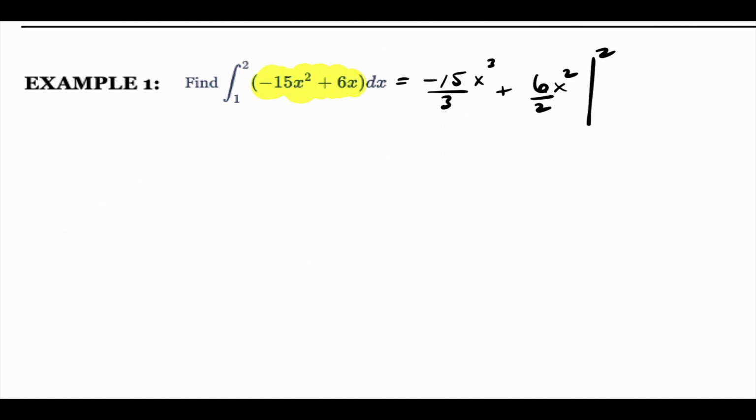Instead, we're going to write a line and a 2 and a 1. That just means we have to evaluate it from 2 to 1. So I'm going to simplify that: negative 5x to the third plus 3x squared. And then now I need to evaluate it from 2 to 1.